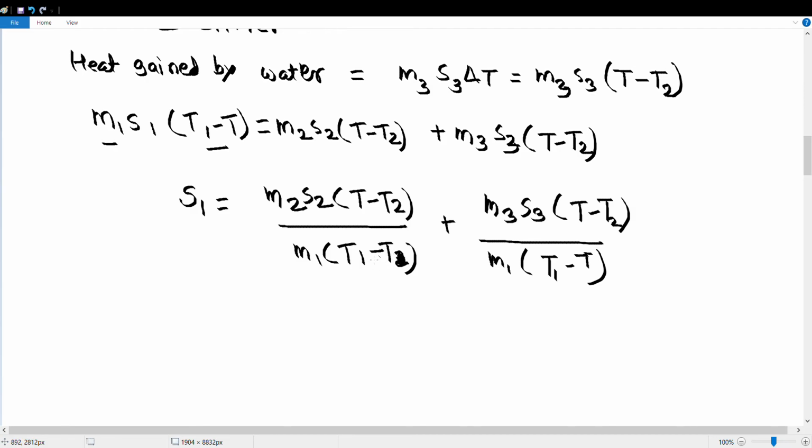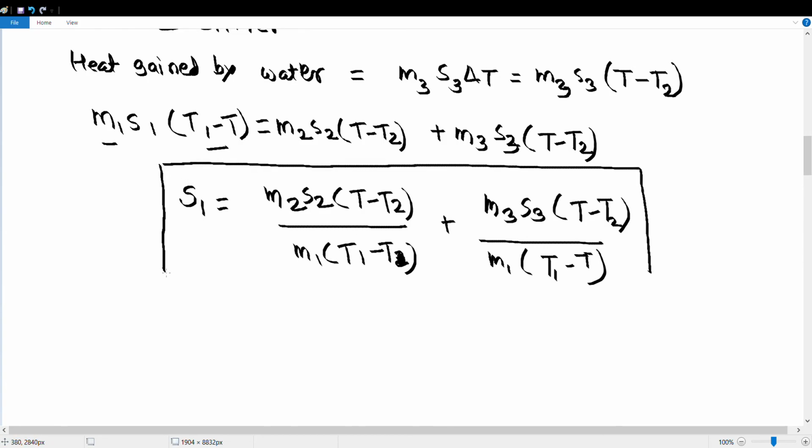S1 is equal to M2S2 T minus T2 divided by M1 T1 minus T. By using this formula, one can calculate the specific heat of the substance.